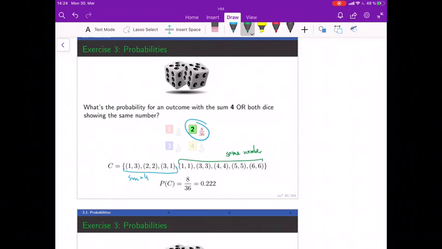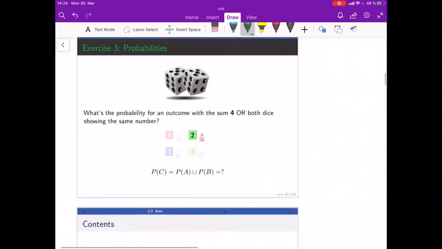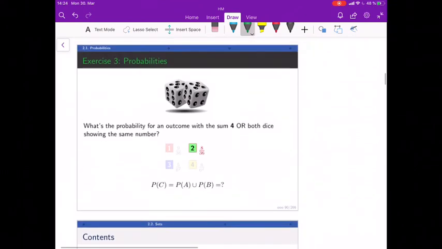But isn't there a better way of getting this? We've got this "or" here. Couldn't we say the sum equals 4 is an event A, and both dice showing the same number is an event B, and then we just calculate them separately and add them up?